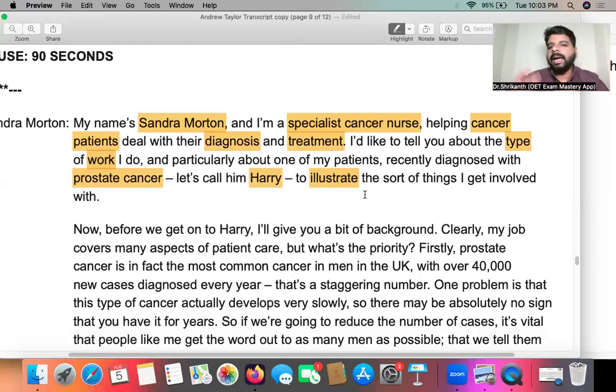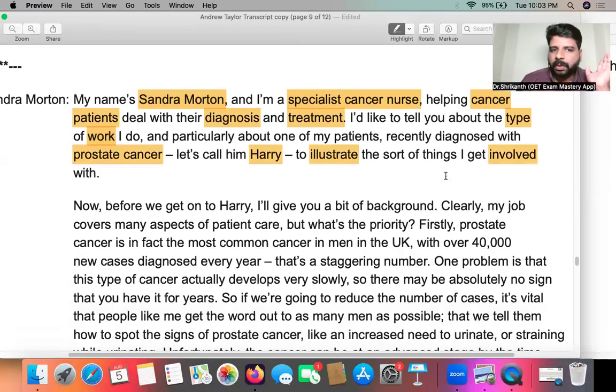Illustrate means example. Okay, she's using Harry as an example to explain the sort of things that she is involved with. So this entire thing has nothing to do with the main intention of her work. So you must be able to understand, okay, this is just an introduction about her name, about what she does. The main aim of her work, the main goal of her work, is yet to come.